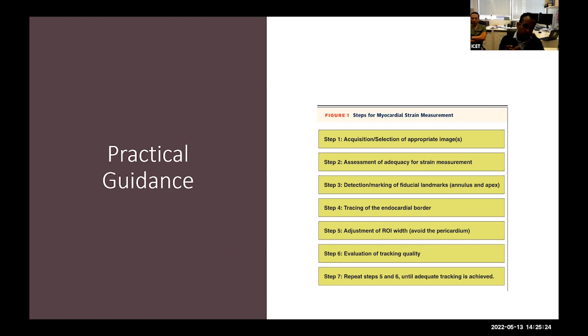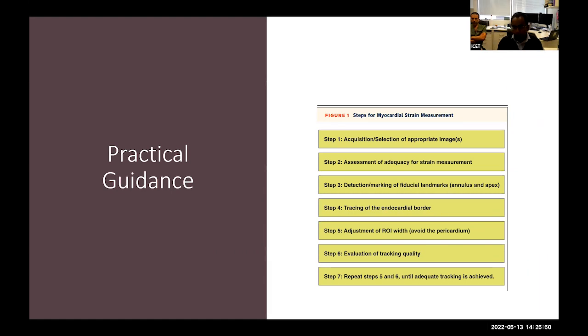Particularly when you do the region of interest, which is the colors, which I'll show you examples of, it's quite important that it's not too thin or too thick, because it can affect your strain measurements. And then after you've done all of this, see whether it actually tracks and makes sense, whether it's following the deformation or the strain of the actual heart.